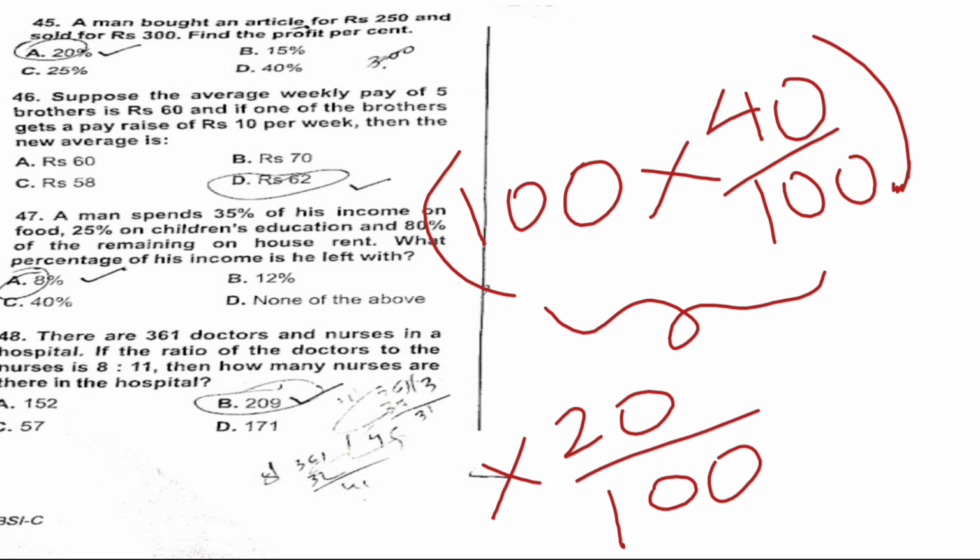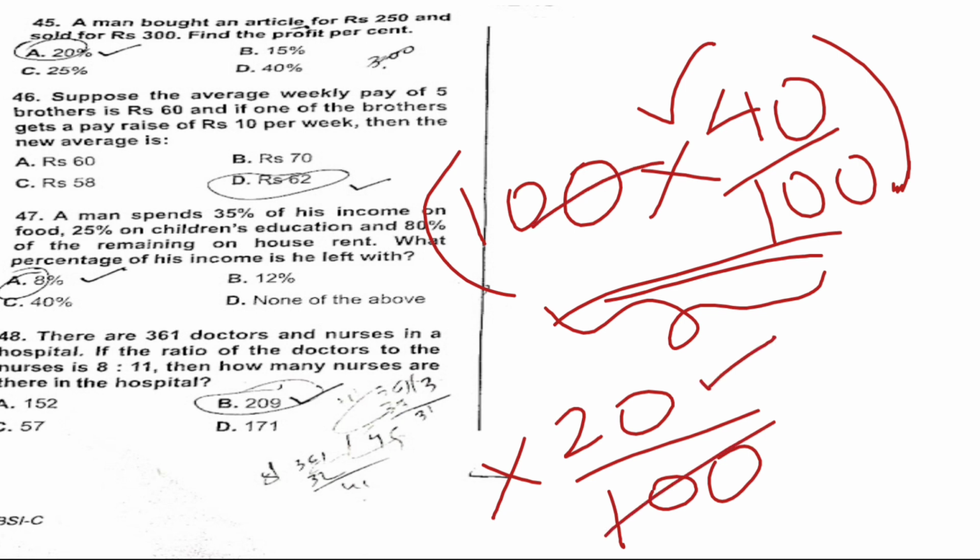So let us summarize. 100 is his income, 60% he spends on food and children's education, so 40% must be remaining. Again, out of this remaining, he spends 80% on house rent, so 20% of 40% remains with him. Solve this and you'll get the answer as 8%.